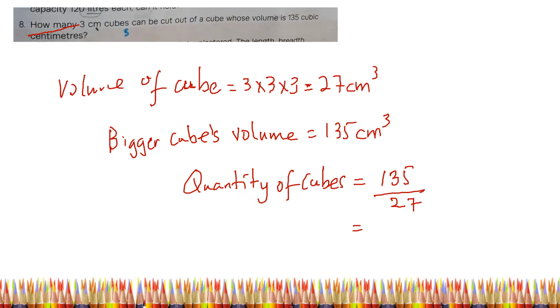Now this can be cancelled with the table of 3. 3 9s are 27, 3 4s are 12, and 3 5s are 15, and 9 1s are 9, 9 5s are 45. That means 5 cubes can be cut out of a cube whose volume is 135 cubic centimeters, right?